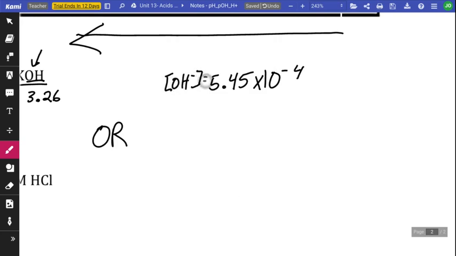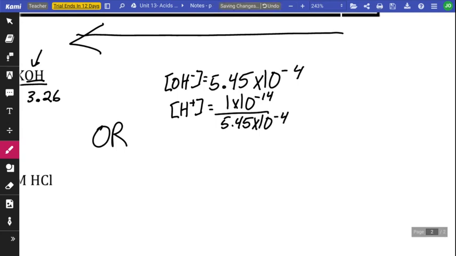The first thing I would need to do is go from hydroxide concentration to hydrogen concentration. So my hydrogen concentration equals 1 times 10 to the negative 14 over 5.45 times 10 to the negative 4.